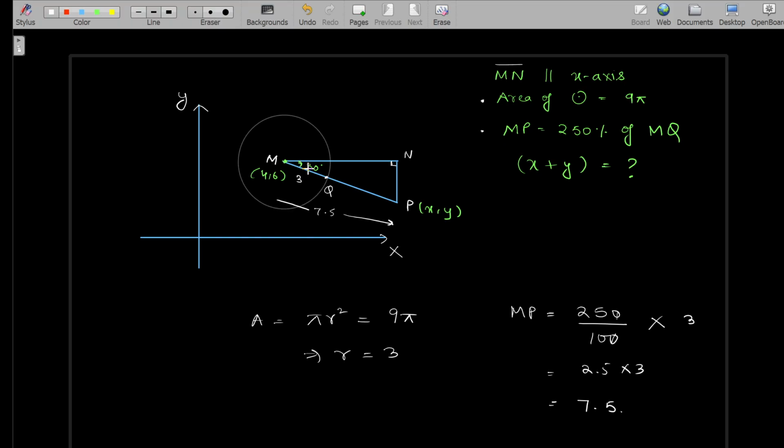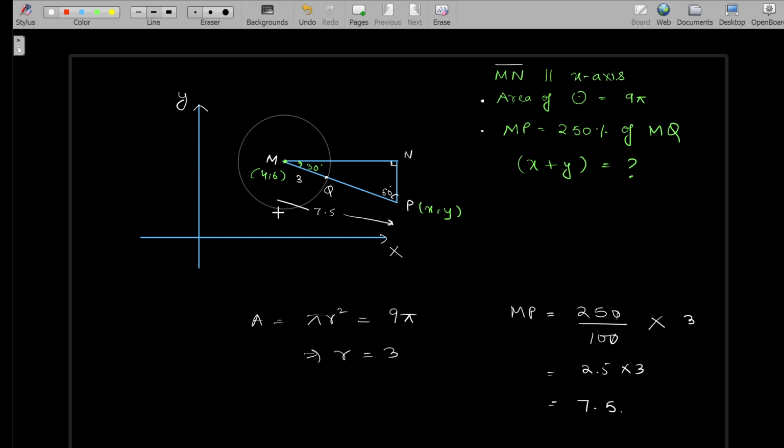And now if you see in this triangle, there is this angle M, which is given to us as 30 degrees. And here there is this square, that means angle N is 90 degrees. So that obviously means that angle P will be 60 degrees. And that means that this is a special right triangle, a 30, 60, 90 triangle.